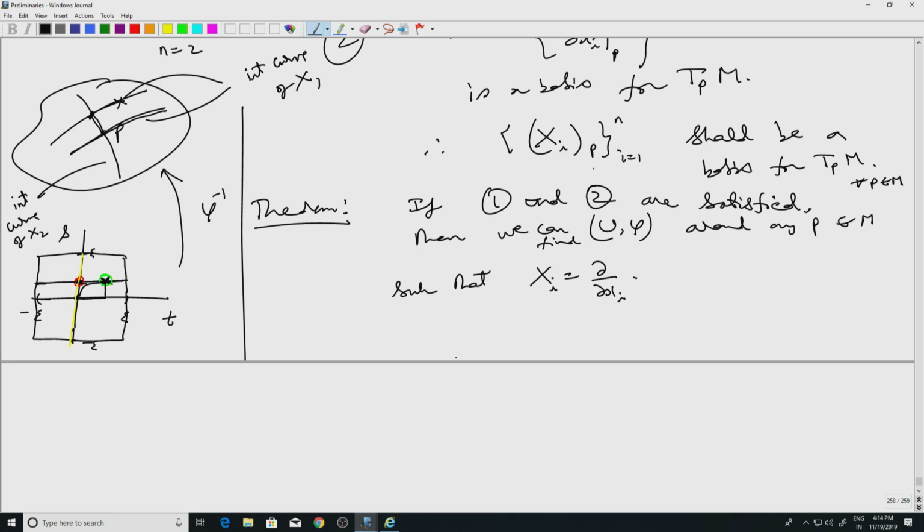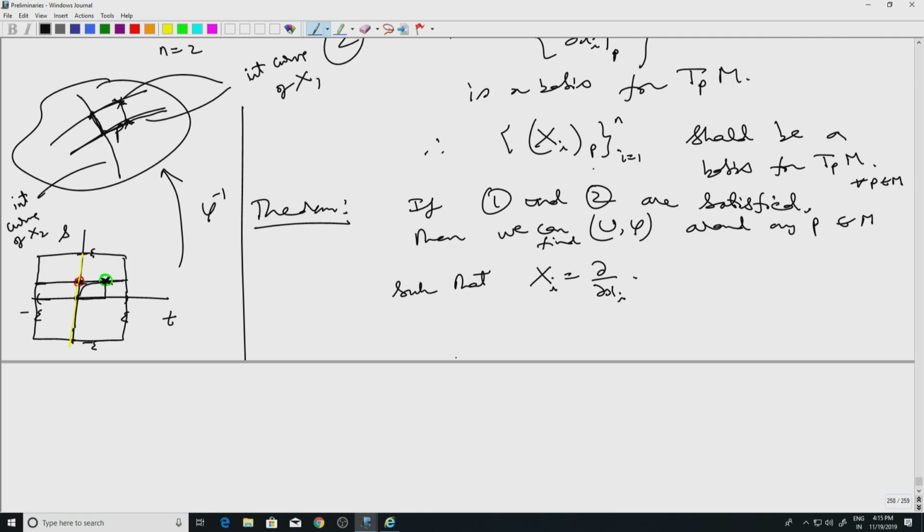If my map is to be well defined, then I would be forced to have the condition that moving along the flow of x2 and then x1 should be equal to moving along the flow of x1 and then x2.